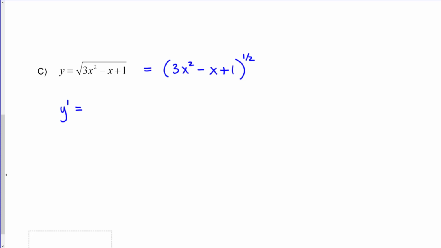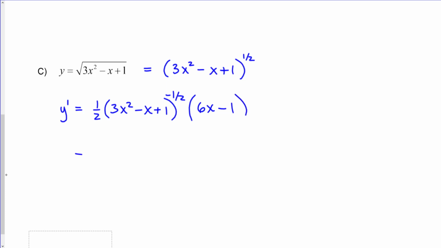So bring 1/2 down, evaluate it at the inner function, subtract 1 from your exponent. So 1/2 minus 1 is negative 1/2. Multiply that by the derivative of the inner function. So 3x squared, its derivative is 6x. Negative x, its derivative is minus 1. And then the derivative of a constant is 0.